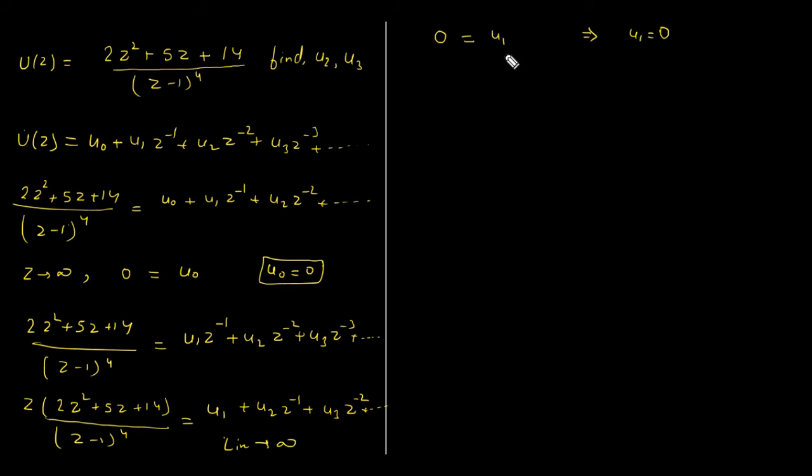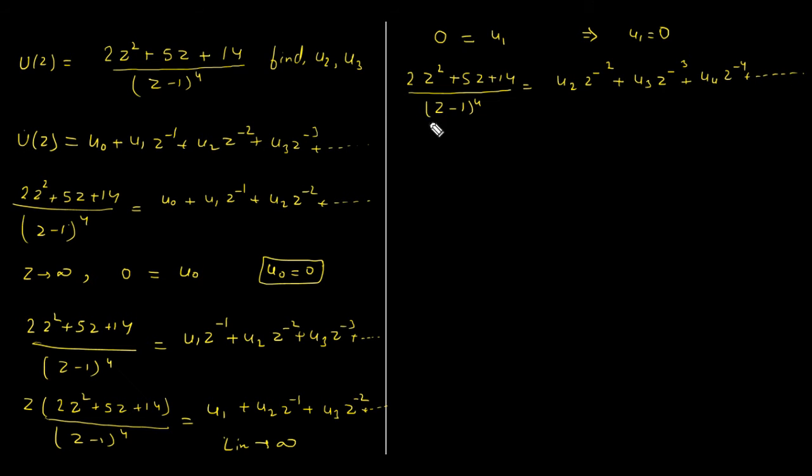Simple, put the value of u0. (2z² + 5z + 14) upon (z − 1)⁴ is equal to u0, u1 are 0. The series will start from u2 z⁻² plus u3 z⁻³ plus u4 z⁻⁴ and so on.